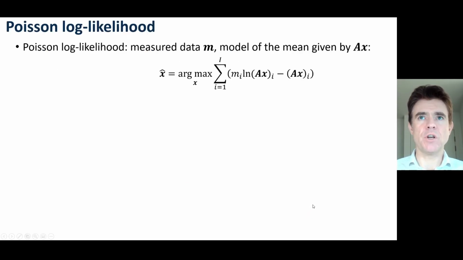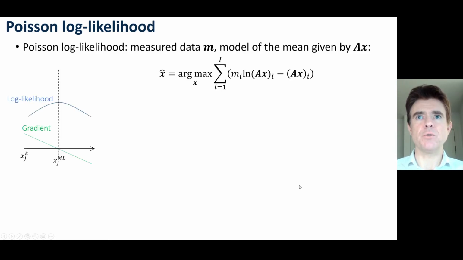Staying with the Poisson log likelihood for emission tomography, there it is again, and we know that when we have something like a log likelihood, we can look at the gradient of the Poisson log likelihood in order to, given a current estimate of an image, get closer to a maximum likelihood estimate by adding on the gradient effectively.